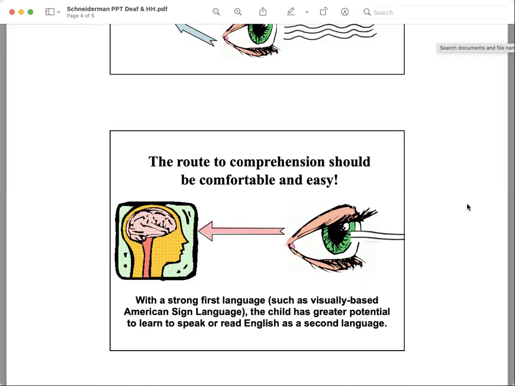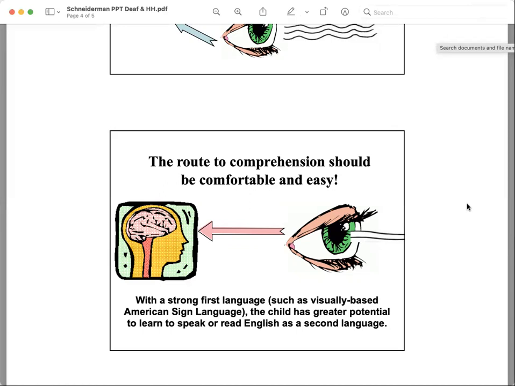But the organization of information coming in through the ear and the organization of information coming through the eye is different. When we talk about the way an ear receives information, we're talking about information coming in as sound waves going into the ear.